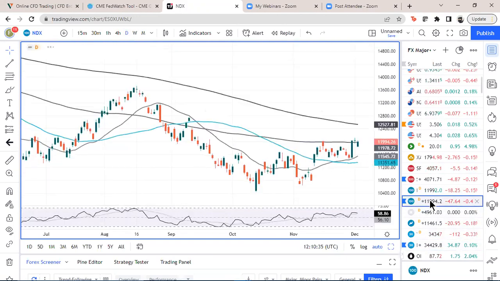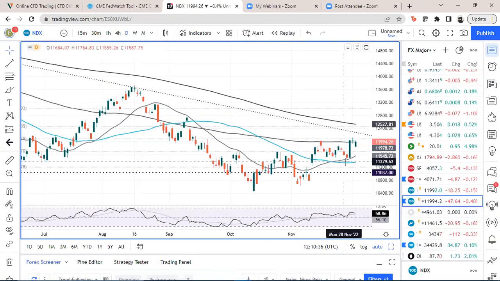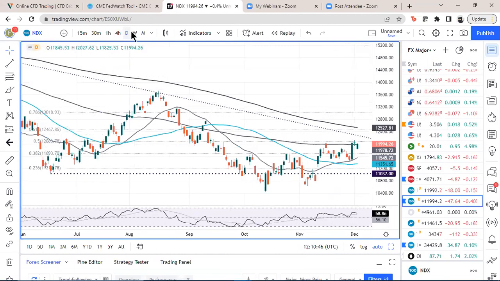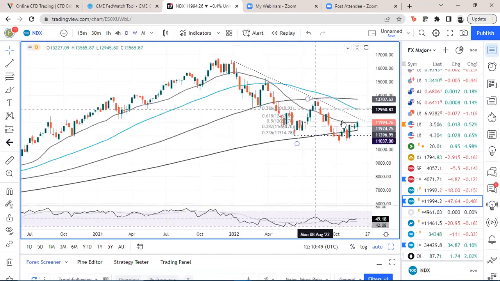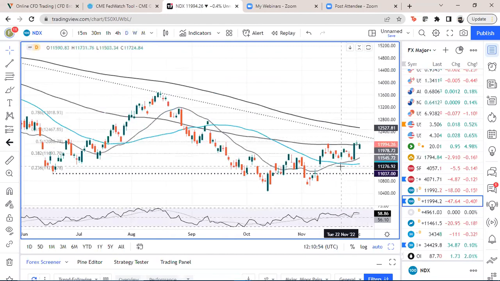If we look at the Nasdaq briefly, we haven't got anywhere near the 200-day moving average. We're just touching the 100-day moving average, you can see 11,978, but we have got that trend line resistance from the highs that you can see here on the weekly, and that comes in just above 12,000.